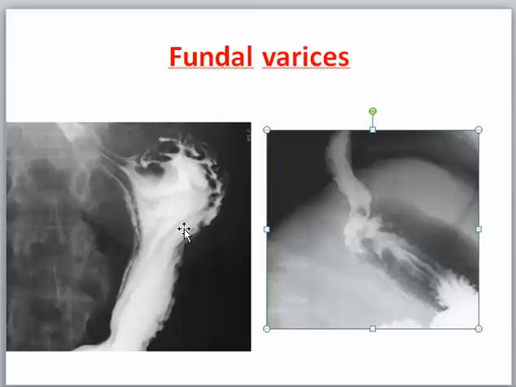Fundal varices usually appear as well smooth outlined filling defects of tortuous appearance, like this, like that, here and there, and it may extend into the esophagus, but originally it is esophageal, but could be esophagogastric or gastric, and these are the sites of portosystemic collaterals.